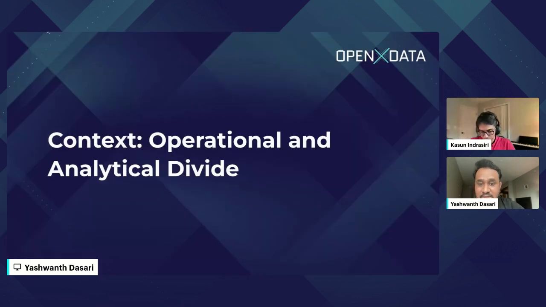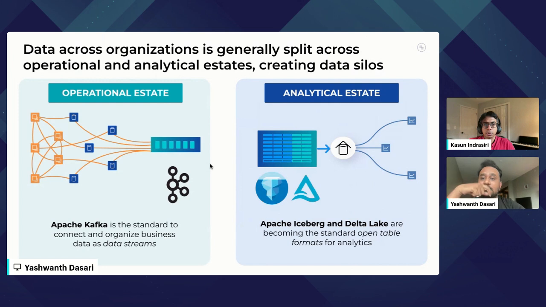Before going deep into the topic, let's understand the context of the operational and analytical divide historically. Data across organizations is typically split across two estates: the operational estate and the analytical estate. The operational estate is essentially all your operational apps such as SaaS, ERP, and so on.